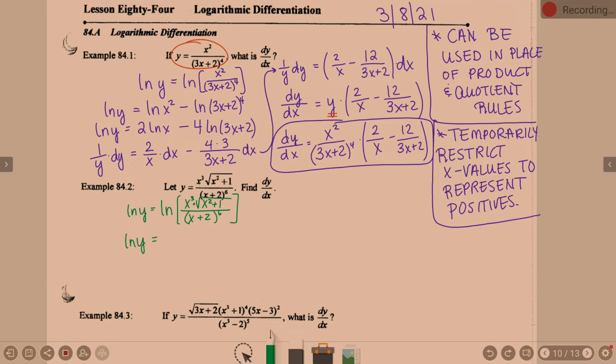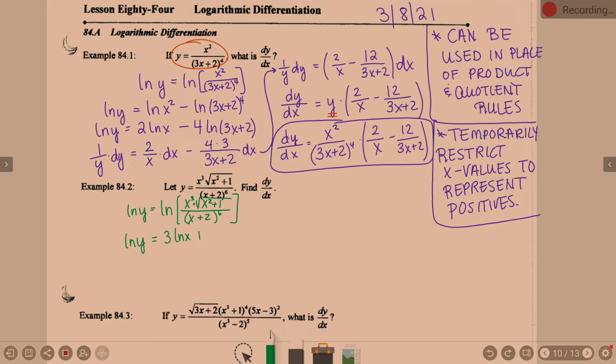Now, if I'm really combining steps, what about the natural log of x cubed? Can I take that 3 out front and make it 3 natural log of x? Could you do that in the next step just as well? Yes. I'm just realizing I'm going to run out of room on this board real quick. I should have made this a screen of its own. Okay, so that piece right there is natural log of x cubed.